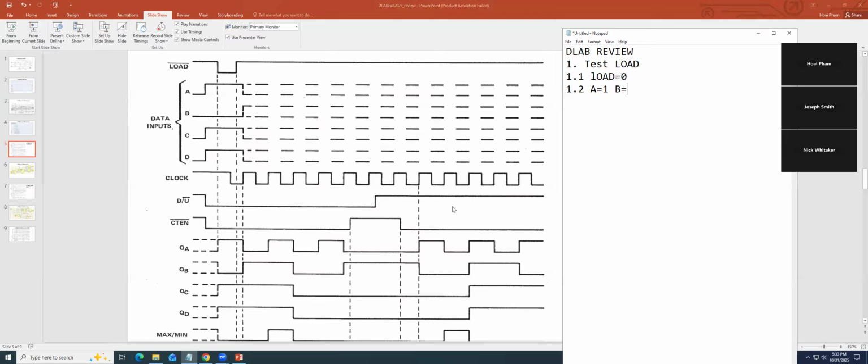B is low, C is high, and D is high. So that's a binary. So in the hex or in the decimal, they will be 08, 1101, right?